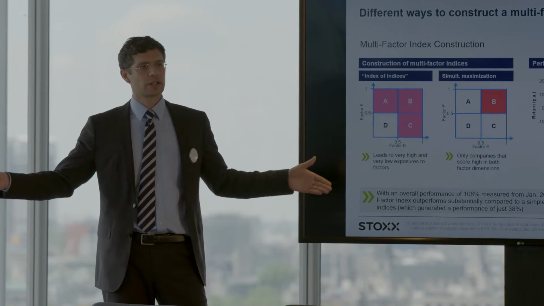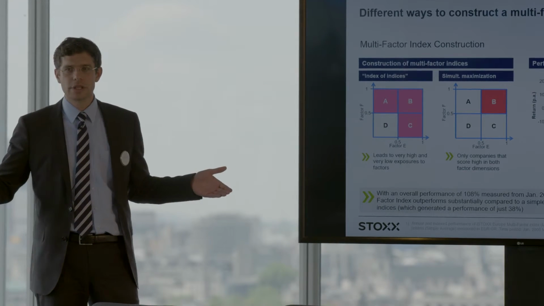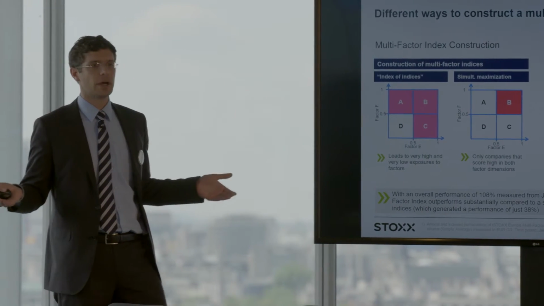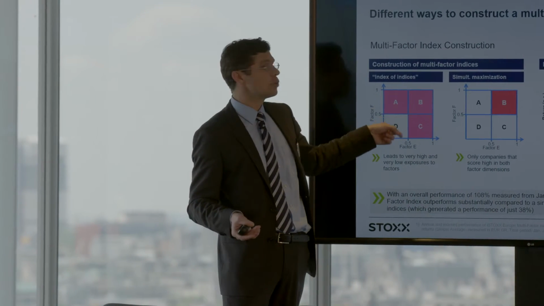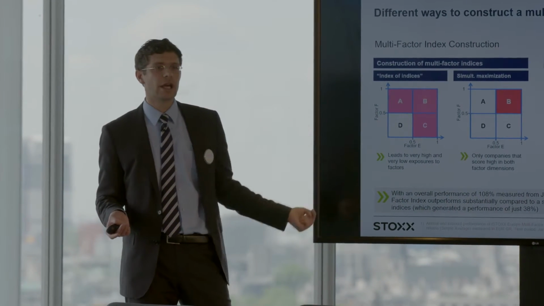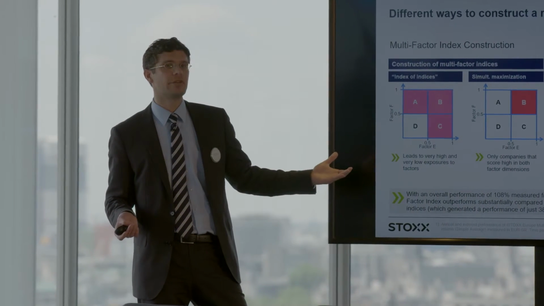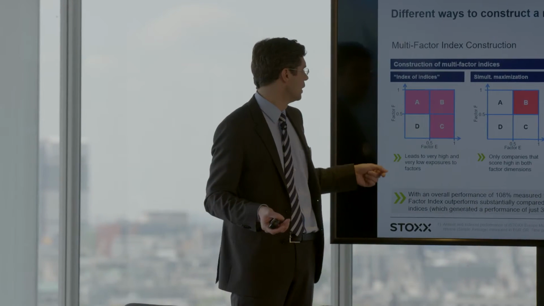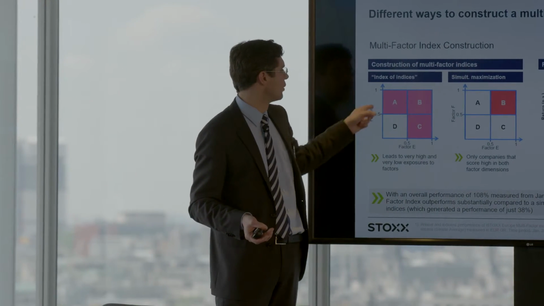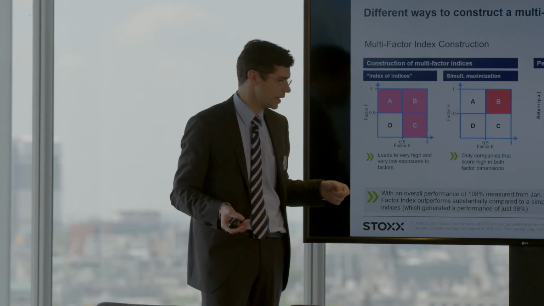We just construct single factor indices and then somehow equal weight all those single factor indices or weight them by the inverse of volatility, whatever. It would lead to the inclusion of companies that are very highly exposed to just one factor, but may at the same time have a very low exposure to all the other factors. In this two-factor scenario, we would select companies from all of those quadrants here.